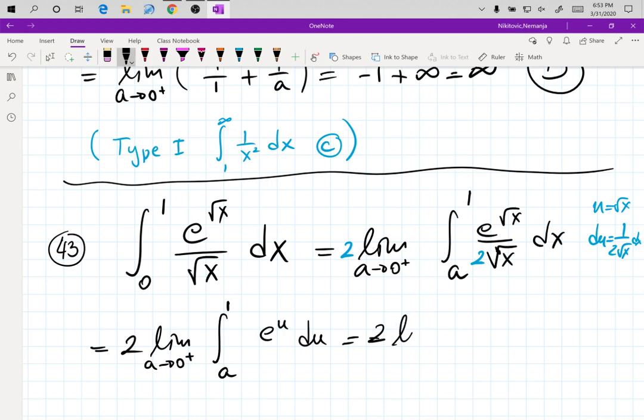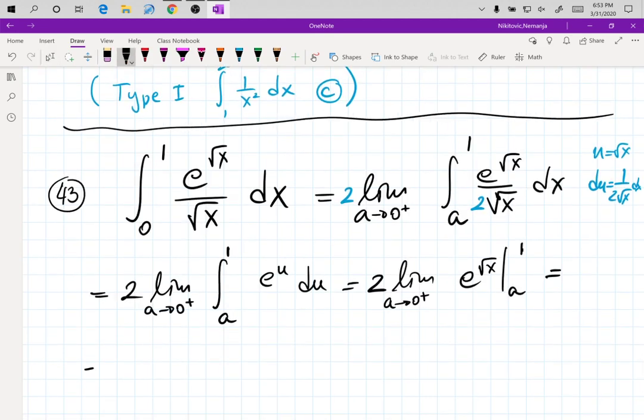So, 2, limit a goes to 0 plus. And then e to the u, so that means e to the root x from a to 1. Promising, huh? Limit a goes to 0 plus e to the 1 minus, well, just e, because square root of 1 is 1.